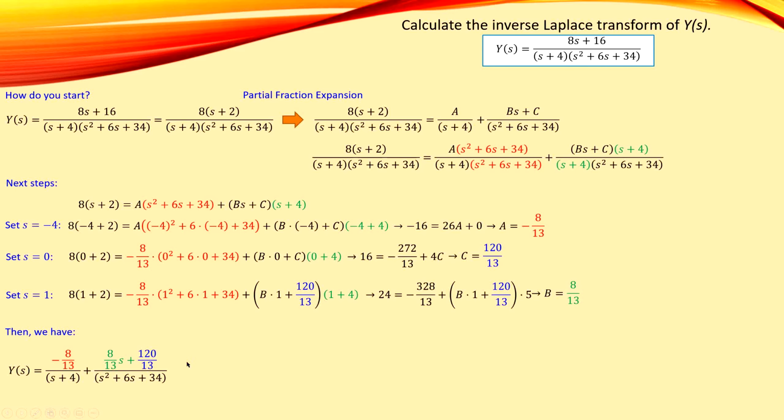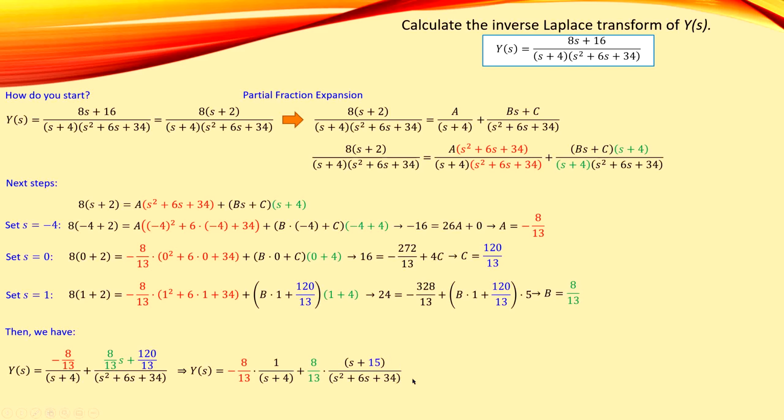If I simplify this a little bit, I can take the 8 over 13 outside as a coefficient, and I get the following simplified form. Why is this better to work with than the other? I can now see directly what the zero is, and it will also be helpful when I want to calculate the inverse Laplace transform for this part.